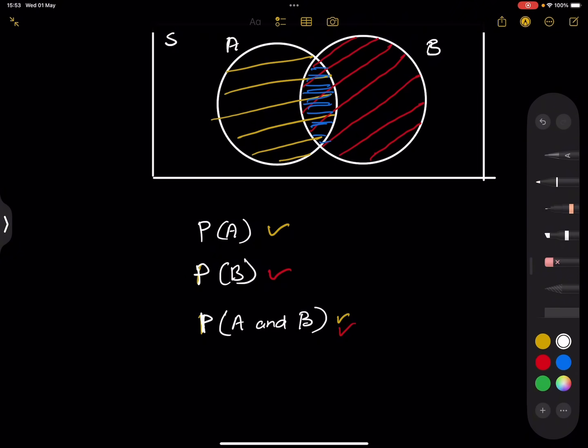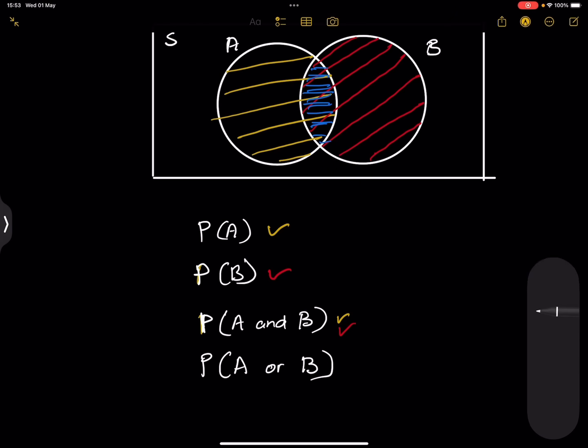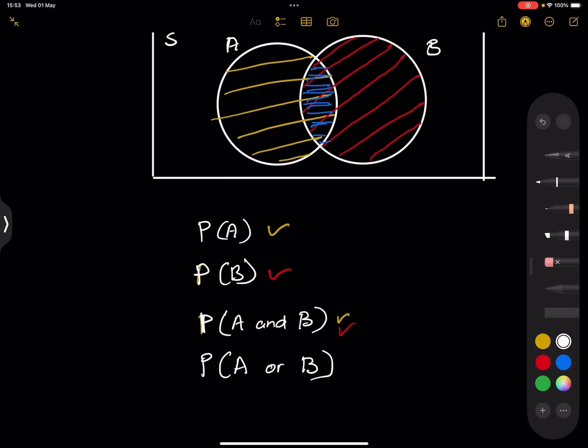Now, I want you guys to please note as well that if I talk about the probability of A or B, what happens in this case? Think about it: if I say A or B, it means it would be the entire space.